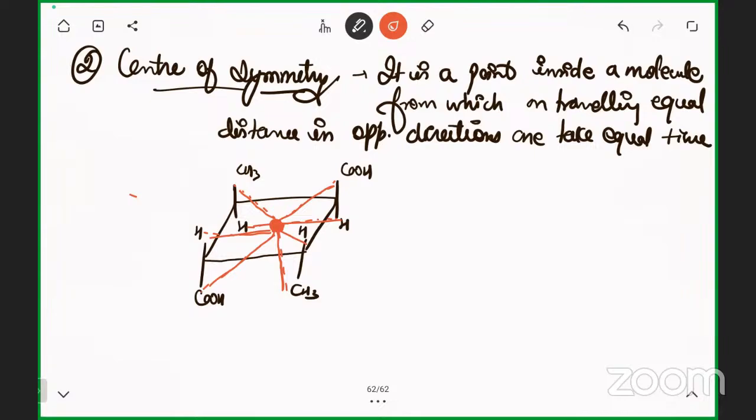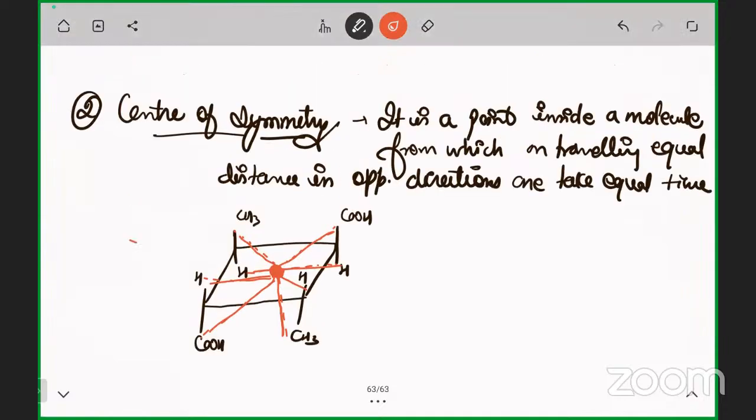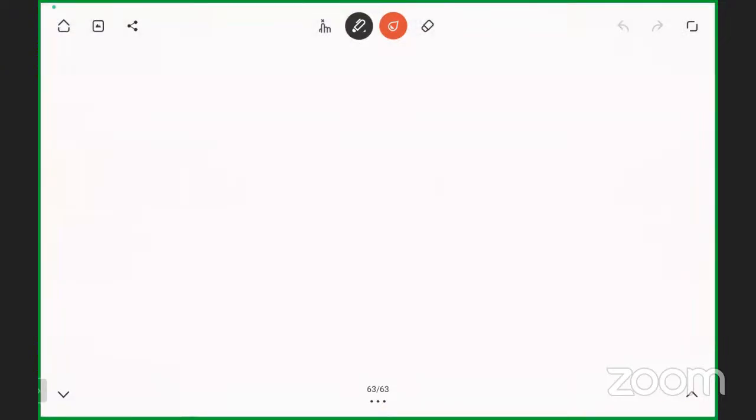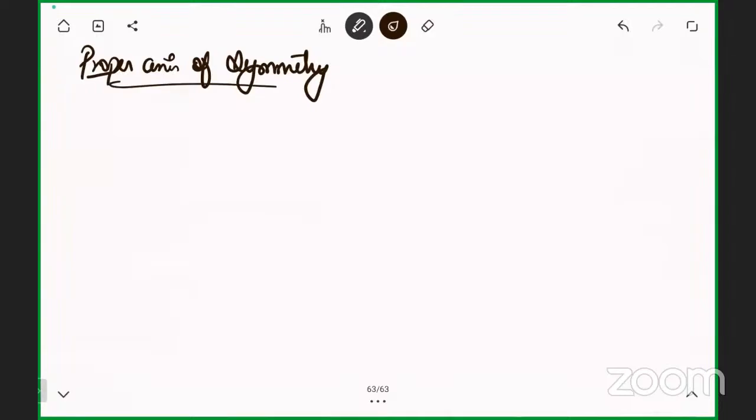Okay, let's talk about the proper axis of symmetry. Here we will see the plane about which it will rotate. We will write it as Cn, where n is the number of times. For example, take the C2 axis.